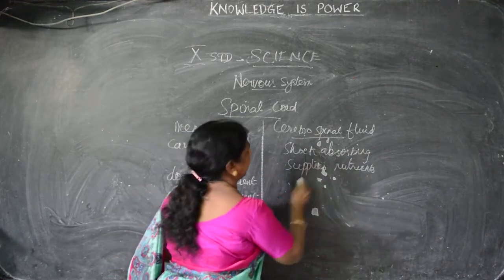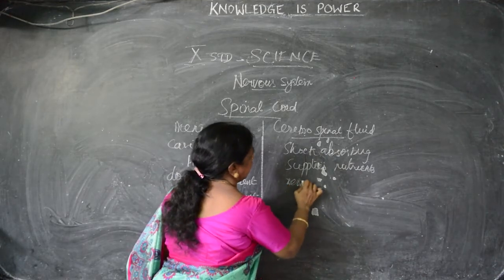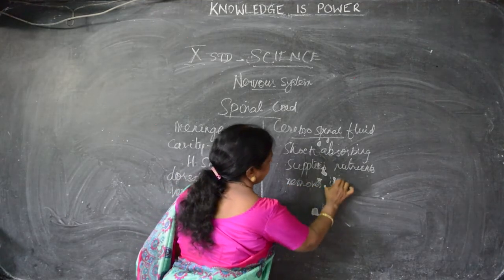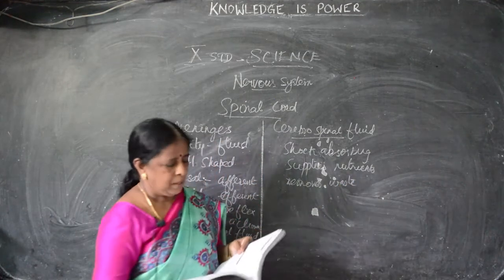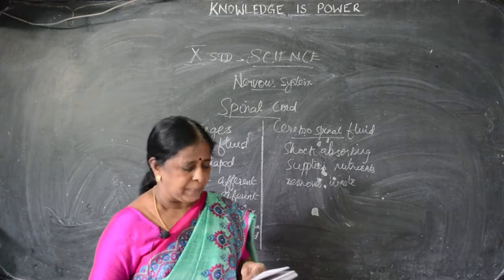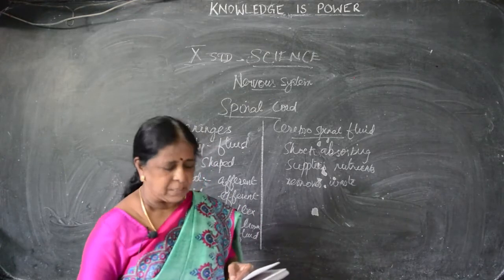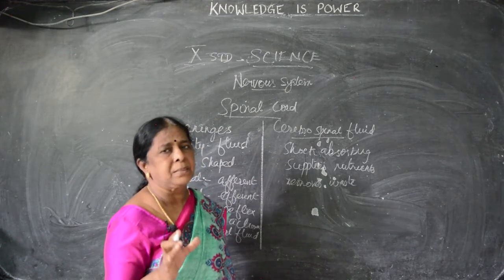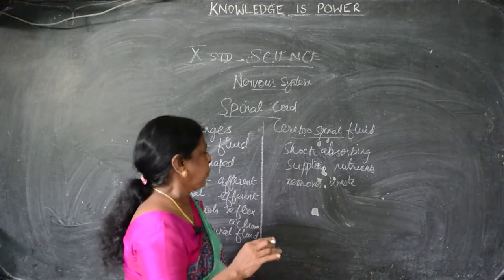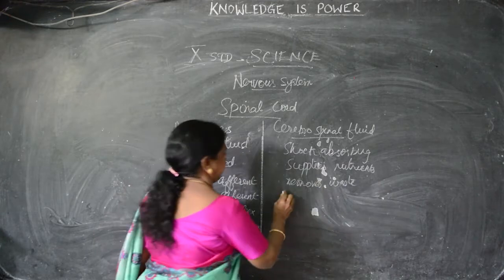Because cerebrospinal fluid removes waste from the brain, and it is also responsible for maintaining a constant pressure inside the cranium, because the cerebrum is kept inside the cranium box. So it controls the pressure of the cranium box.